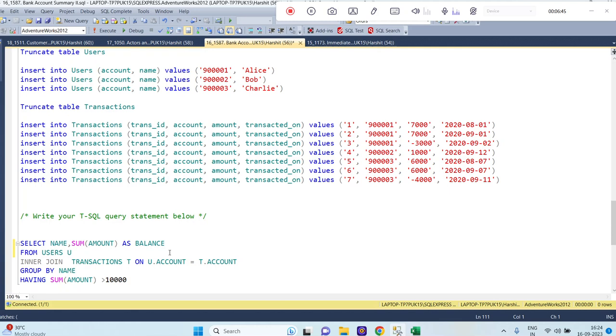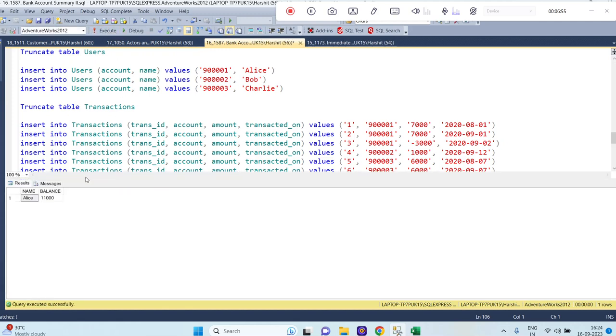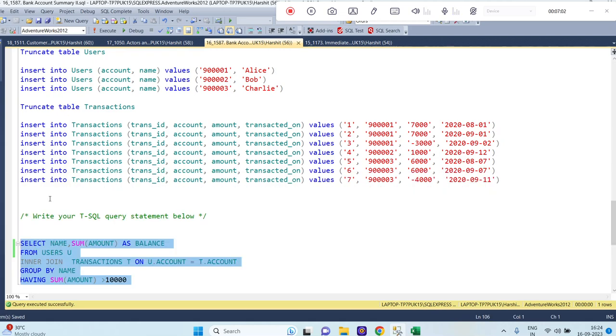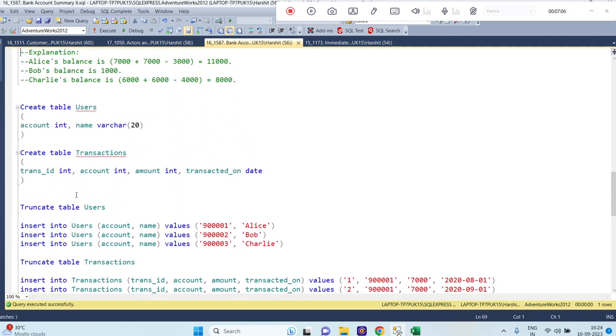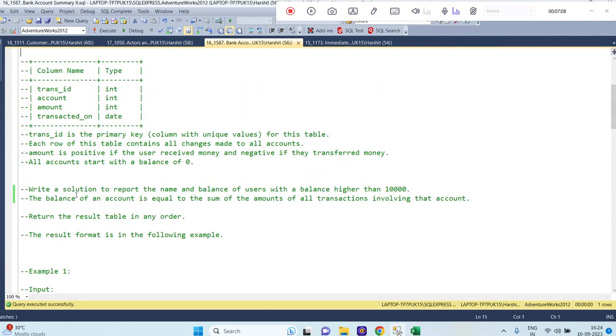And whenever the sum of amount is greater than 10,000, we need to retrieve that value, right? So if you see over here, only for Alice 11,000 is given, which is greater than 10,000. So this should be our output, right? Thank you so much. Let me jump to the next question.